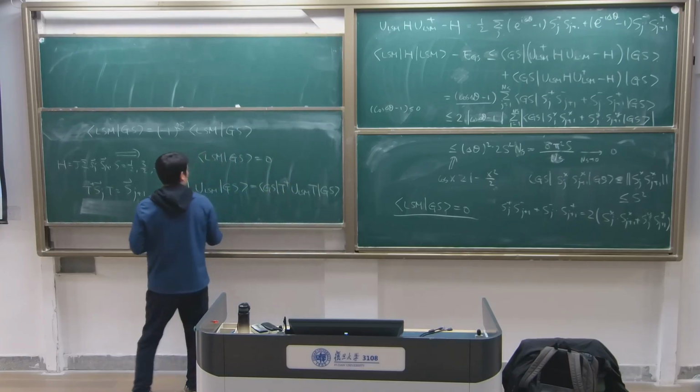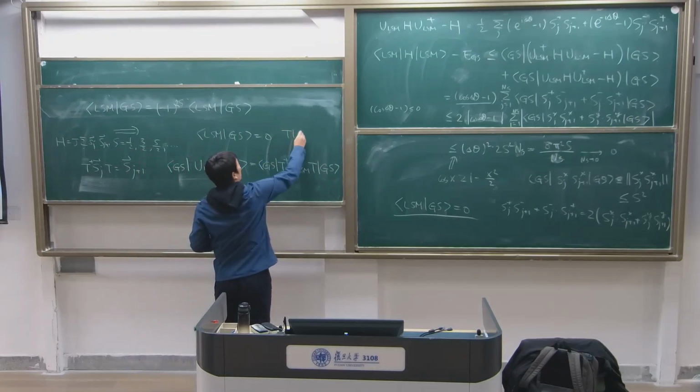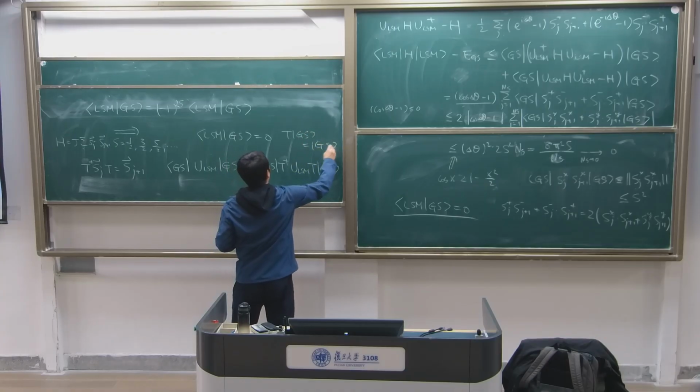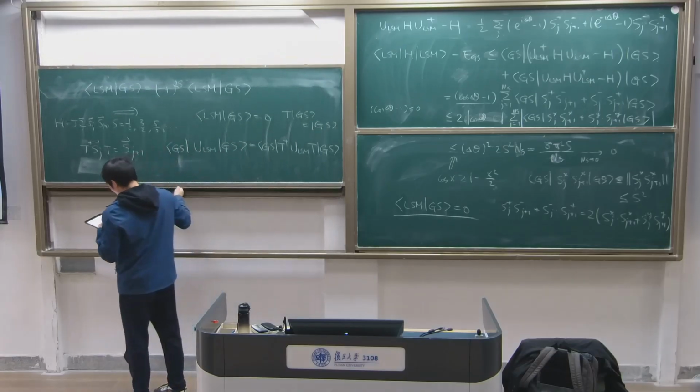So we assume T acting on the ground state is the same as the ground state. So here it is translation invariant.